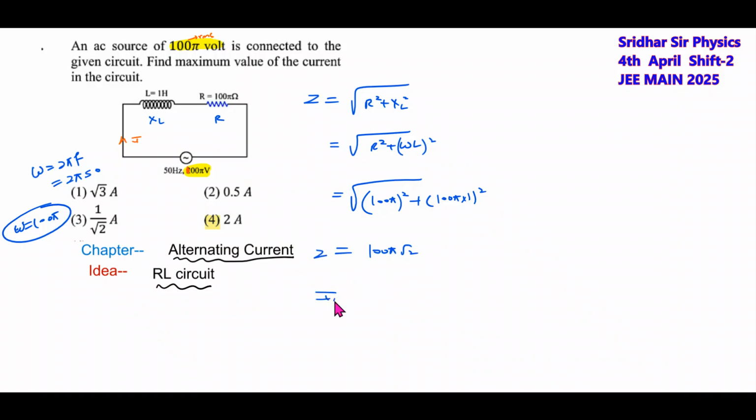Then the maximum current is equal to the maximum applied voltage by impedance. What is VRMS here? The RMS value is 100 pi. How do you define VRMS? Vm by root 2. So the peak value will be 100 pi root 2.